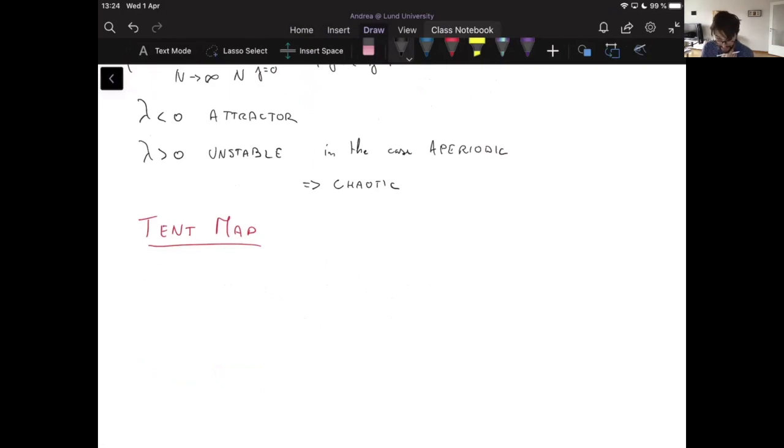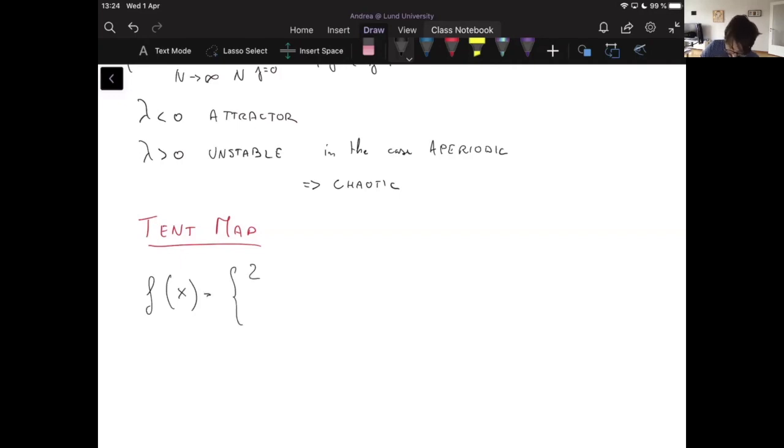But there is an example that is even simpler and still has a fairly complicated behavior, even though not as rich as the logistic map, and that is the tent map.